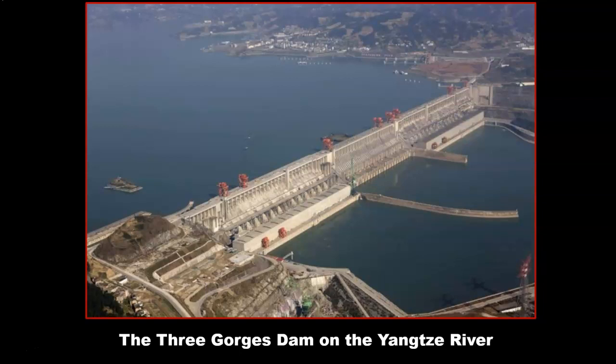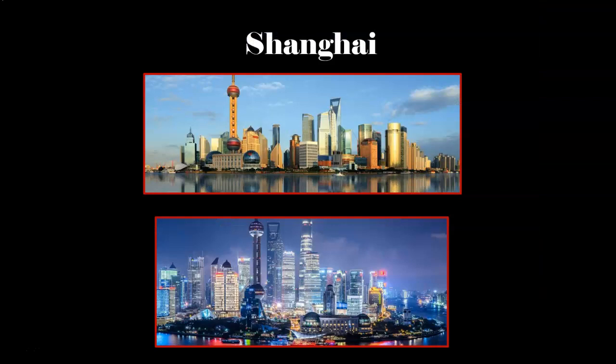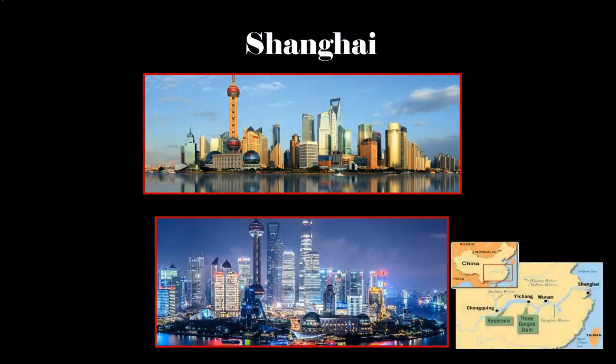Remember how I said the Yangtze River does produce some sediment and it is important? Well, the Three Gorges Dam is now holding back a whole lot of that sediment, and that can create a problem, particularly for cities like Shanghai. Shanghai is right there on the east coast of China, with the Yangtze River passing right by it.